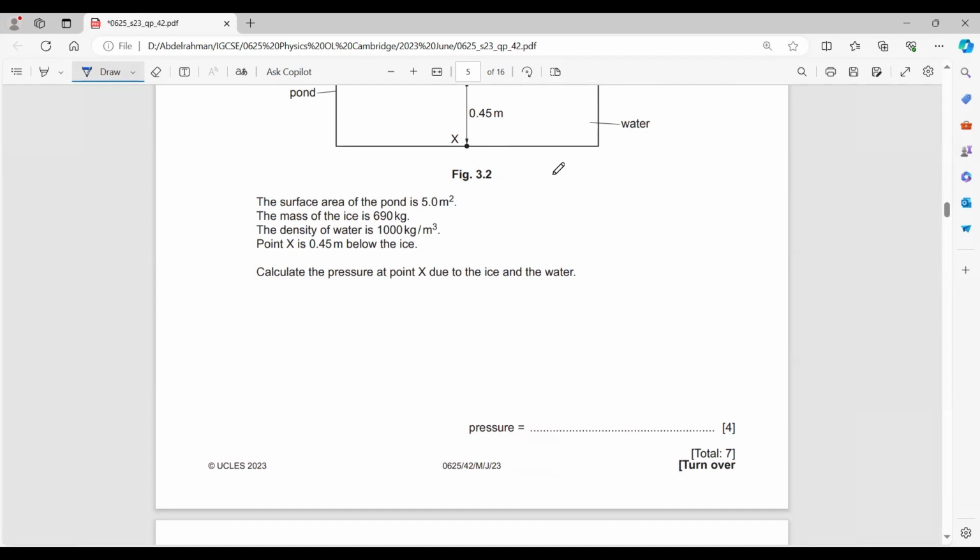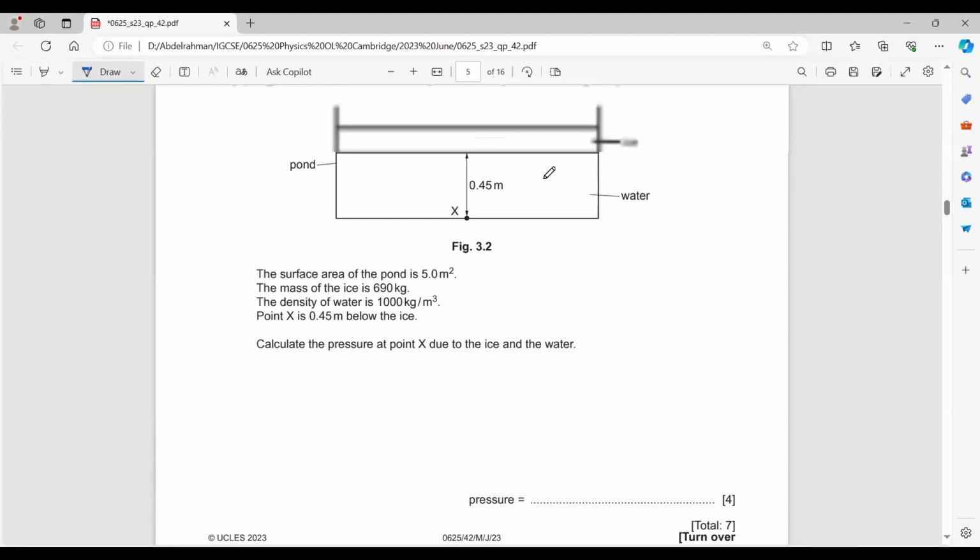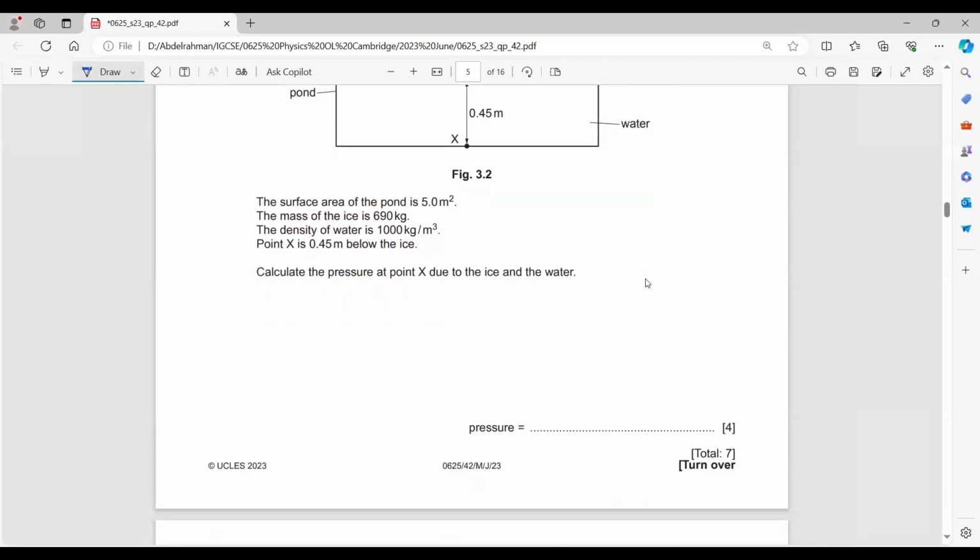We can also use pressure equals force over area, because it gave us the surface area. Yes, we're going to use both of them. Guys, this is a question worth 4 marks.